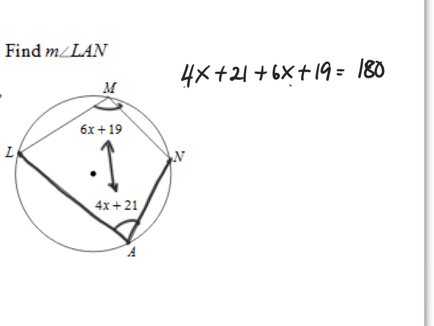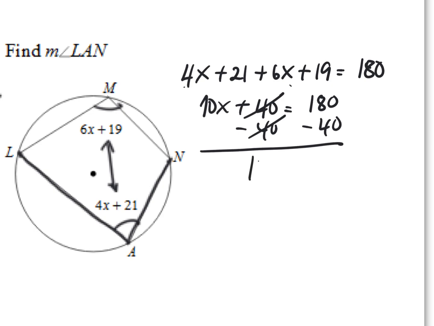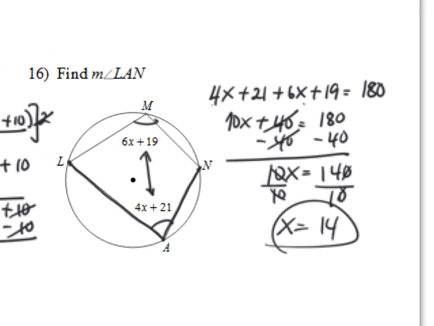I have 4x here, so they're going to be 10x. 21 plus 19 is going to give you 40 is equal to 180. Minus 40, minus 40, cancel that out. What is left is just 10x is equal to 140, divided by 10, divided by 10. My x here is just going to be 14.